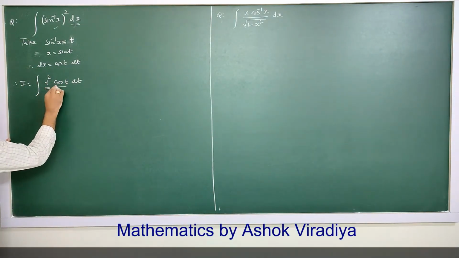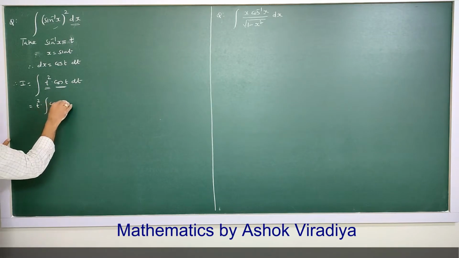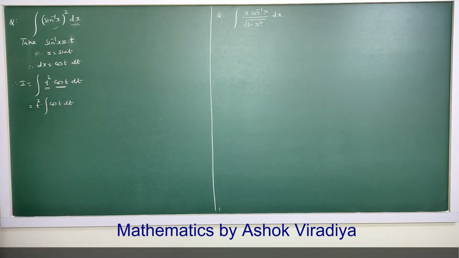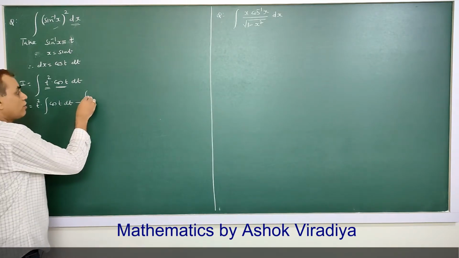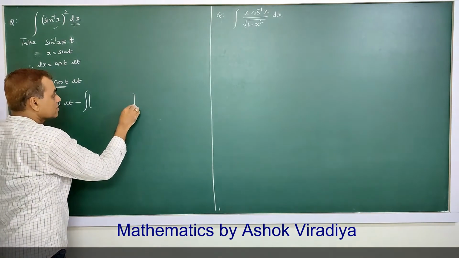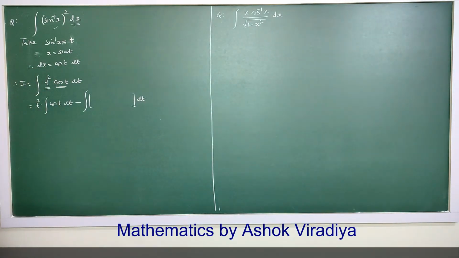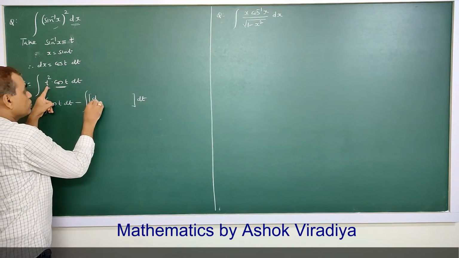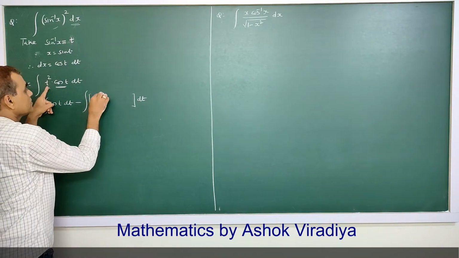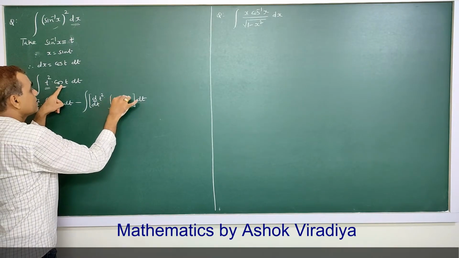U into V: U as it is, integral of v with respect to t, minus integral of box with respect to the new variable t. In the box what do we put? Derivative of u and integral of v.